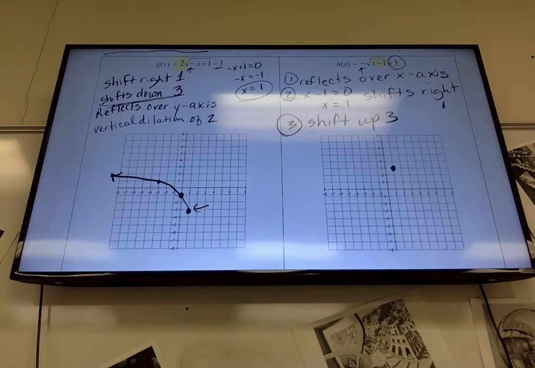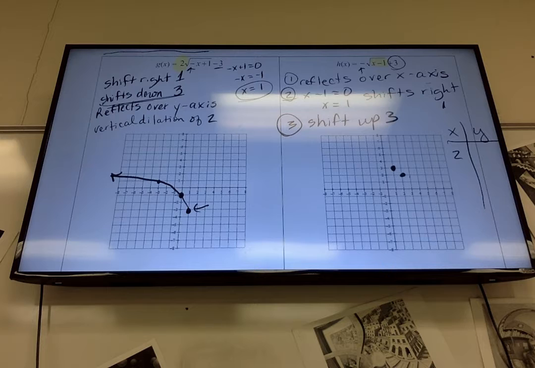It is not. It's at 2, 2, because if I plug in 2 here, I get square root of 1, and that's a negative 1 plus 3, which is at 2. So basically what we're doing is we're plugging these numbers in our head, or you can write them down.